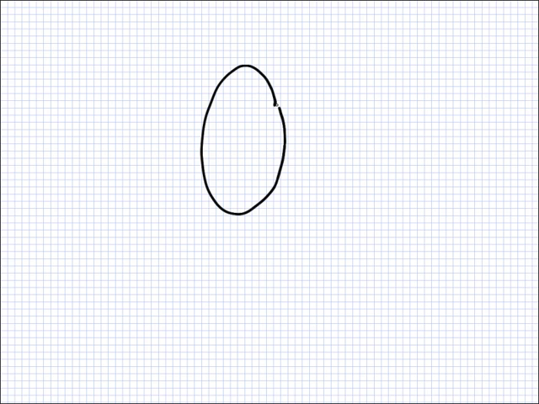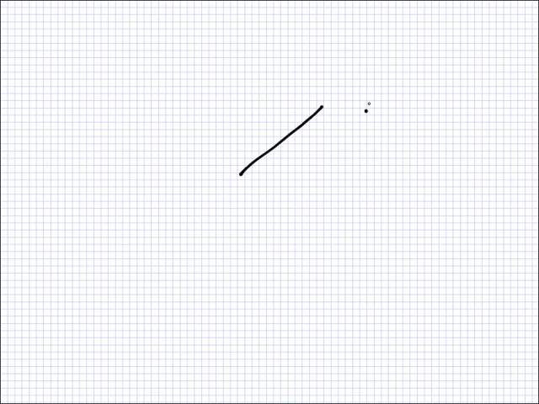There's the region of the space. Oh, how am I going to draw 3D? Oh, I'll draw it on the side. Okay. There's the area. There's the normal.